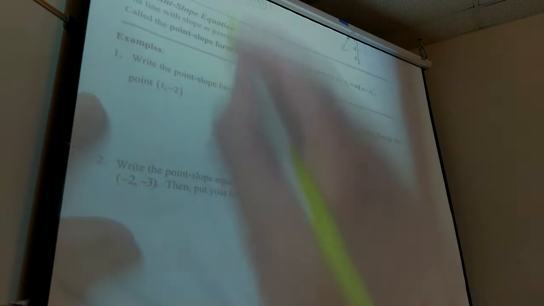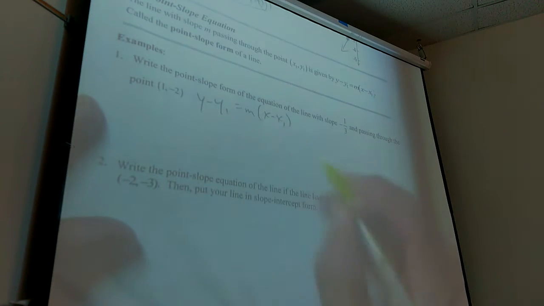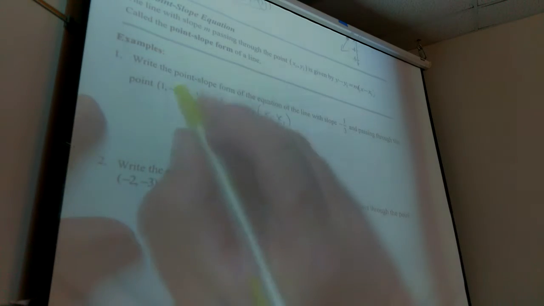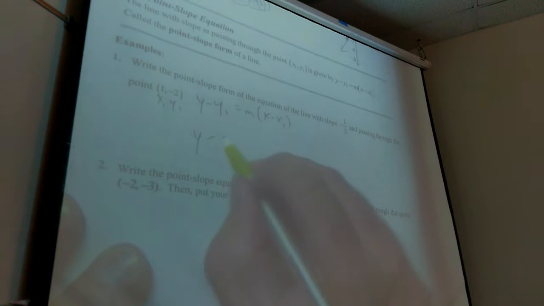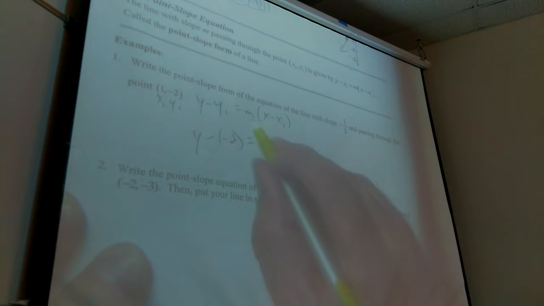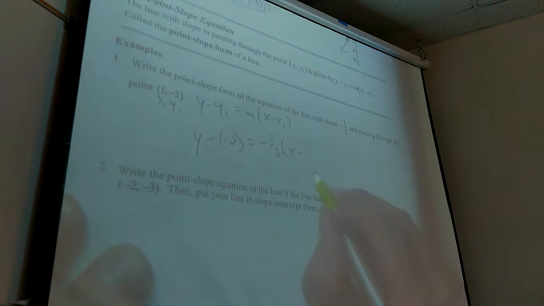So here's the equation. Y minus y1 equals m times x minus x1. I told you before, you could label the point they give you, x1, y1, if that helps. So y minus what? -2 equals m, -1/3, x minus 1.